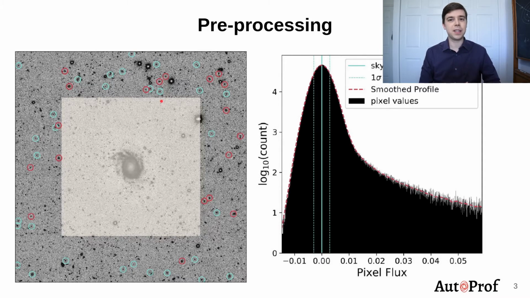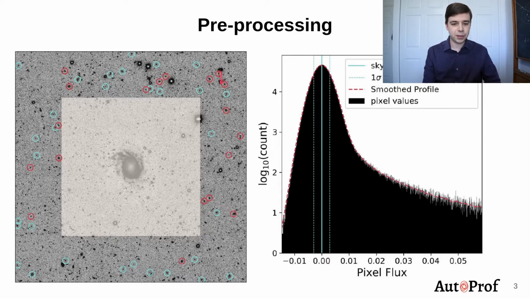AutoProf uses these in order to compute a PSF for the image. Now, the PSF doesn't need to be extremely precise. AutoProf mostly uses that to set a physical scale on the image where we expect information to be available, below which is really just pixels.